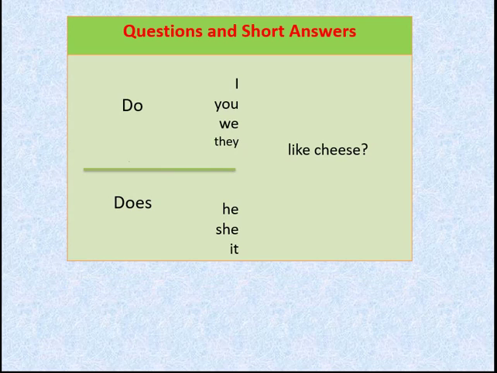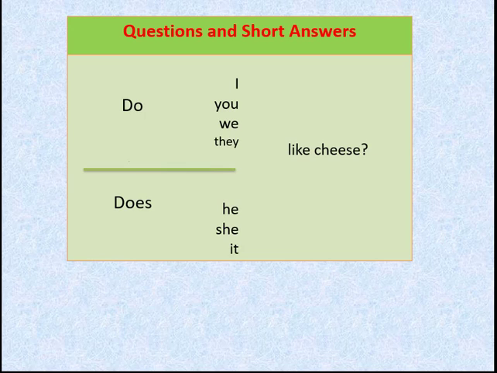How to ask and how to make short answers. We use do and does to make questions. Do I like cheese? Do you like cheese? Do we like cheese? Do they like cheese? Does with he, she, and it.